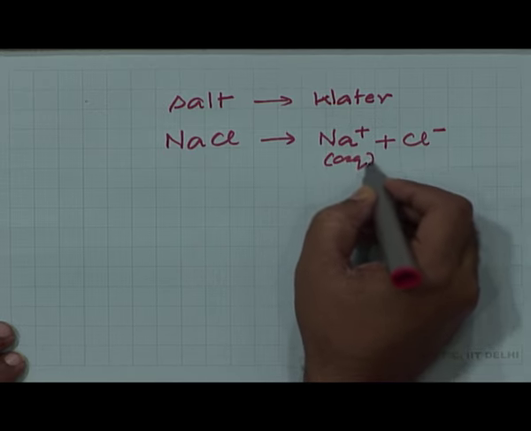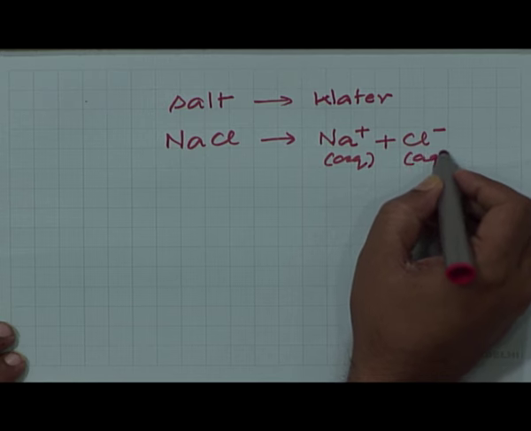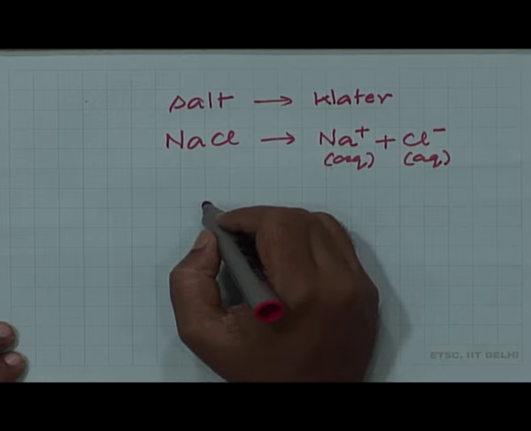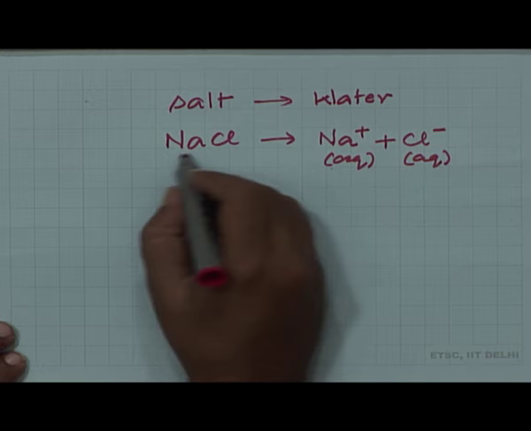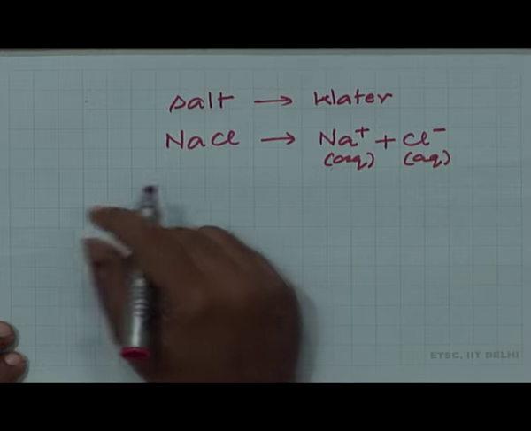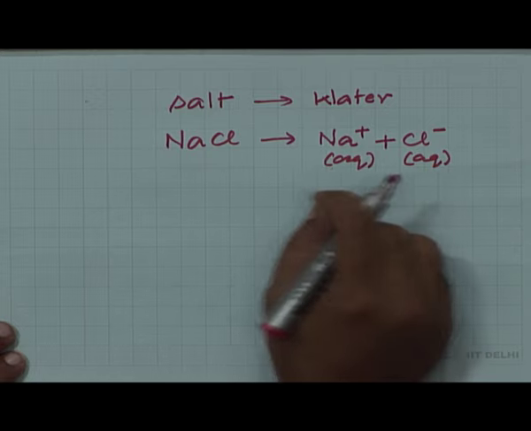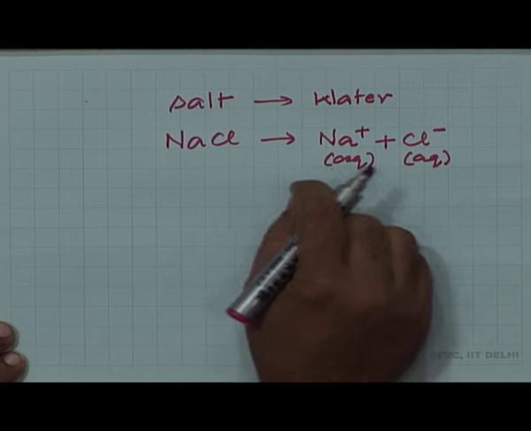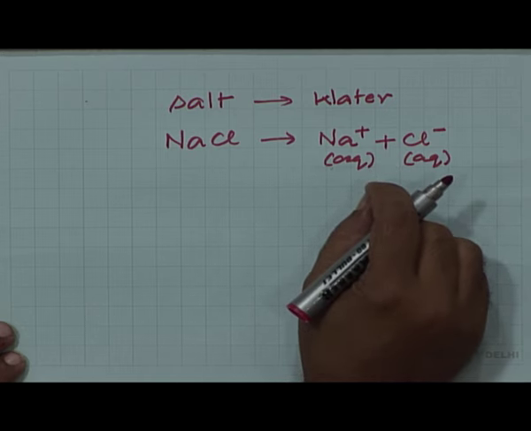This is hydrated sodium ion and this is hydrated chloride ion, they will form in equal amounts. In this reaction neither H plus nor OH minus is formed.